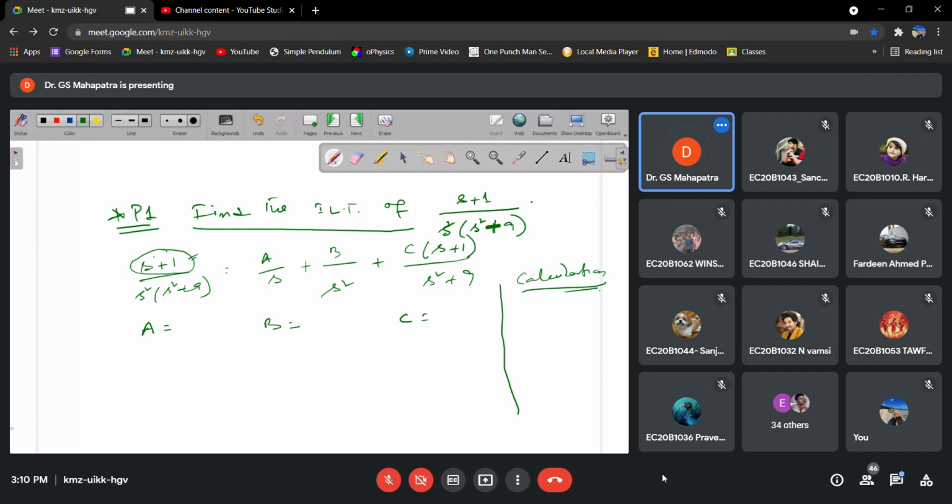Next. I have to get the answer from 3, then only I will write the answer. I will take the partial fraction over, sir. Over partial fraction only. What is your roll number? 62, sir.